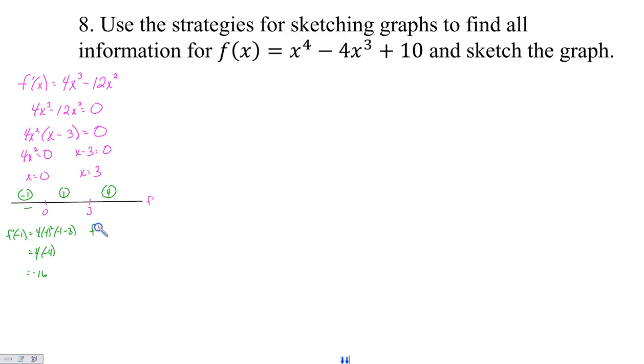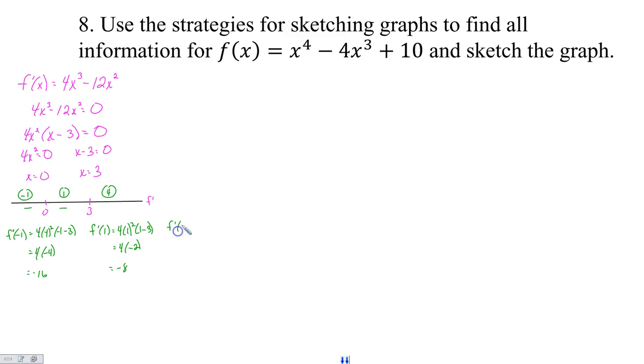And then the next one is going to be f prime at 1. So I'm going to have 4 times 1 squared times (1 minus 3). So I'm going to have 4 times negative 2, which is negative 8. So it is also decreasing. So again, I have a decreasing. What do you think's going to happen here? We'll probably find it to be a point of inflection, but we'll find out for sure in a minute.